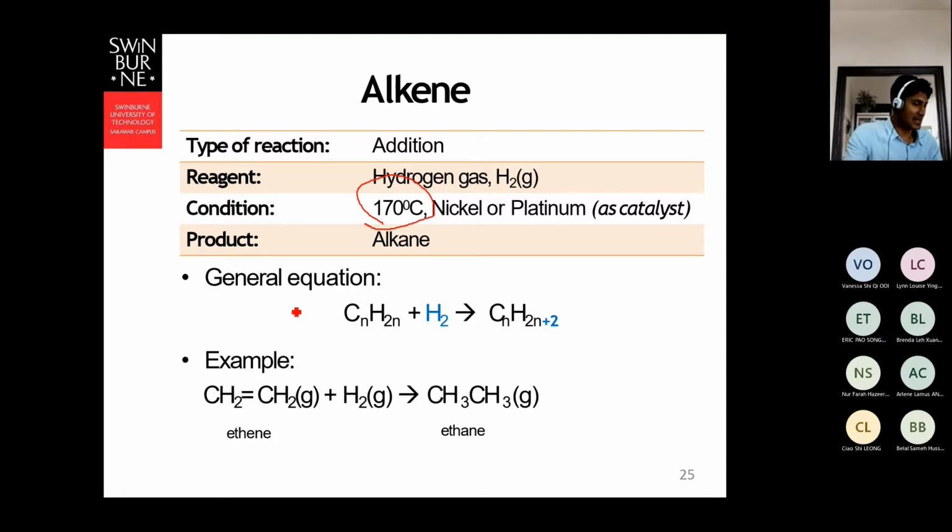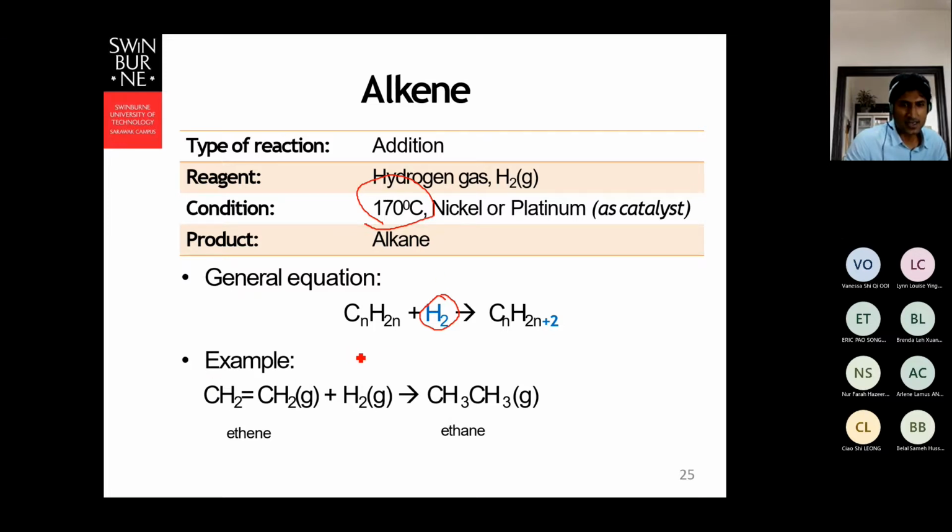Another thing is hydrogen is not that electronegative. Hydrogen gas, H2, is quite stable. It does not need to bind with this double bond. But when you force it with 170 degrees and a nickel or platinum catalyst, then it goes and saturates.